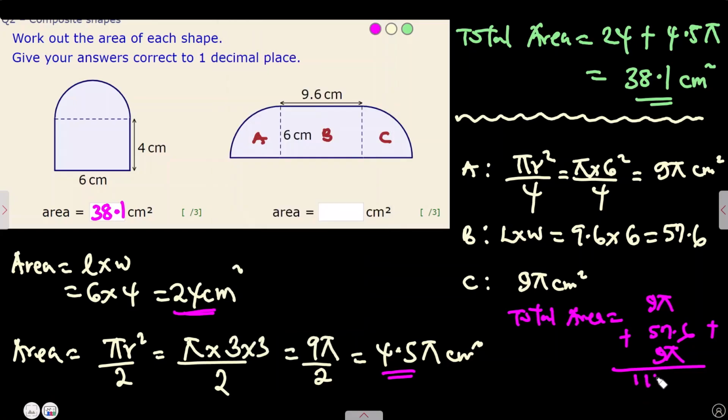So 114.1 centimeters squared. So the area here is 114.1. So these are just a way you work out the area of some of these simple compound shapes.